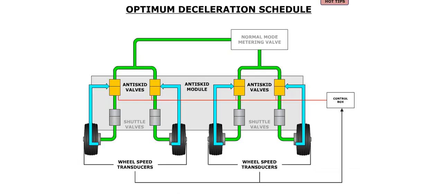The purpose of the anti-skid system is to control brake pressure to each brake, so as to achieve the maximum stopping performance. During the braking phase, the anti-skid system calculates an optimum deceleration schedule and adjusts the amount of hydraulic pressure to the brakes, so as to achieve that desired schedule. Hydraulic pressure is applied to adjust the tire speed to the reference speed required for the deceleration schedule.